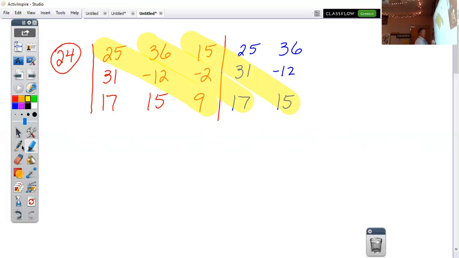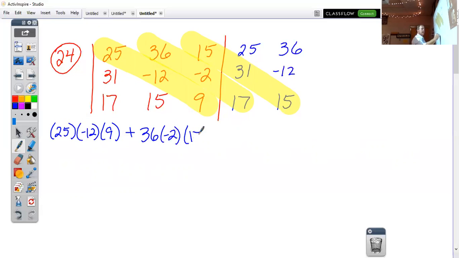And those 3. Okay? These diagonals. You're going to say 25 times negative 12 times 9 plus 36 times negative 2 times 17 plus 15 times 31 times 15.